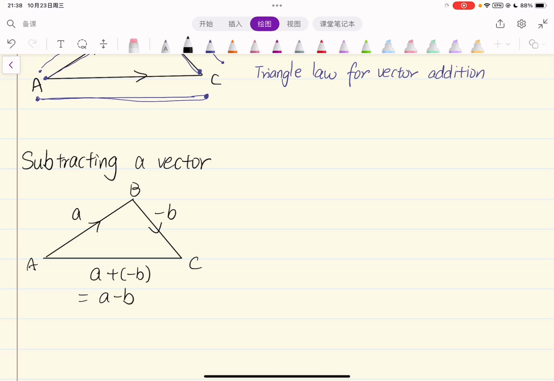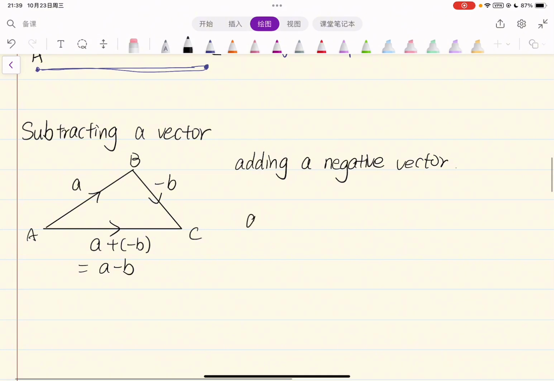So subtracting a vector means that you are adding a negative vector. So we have a minus b. The vector a minus vector b equals a plus minus b.